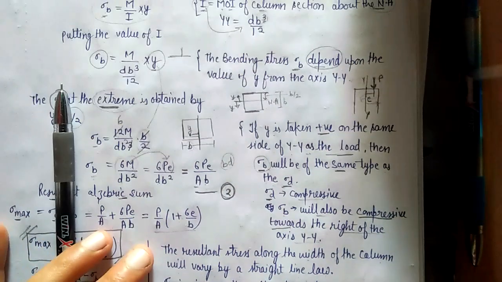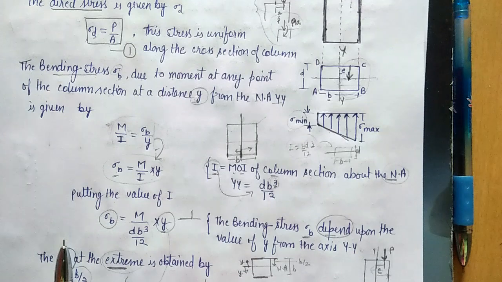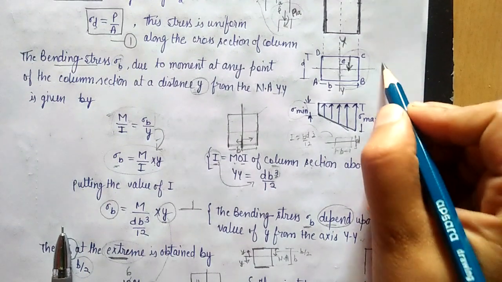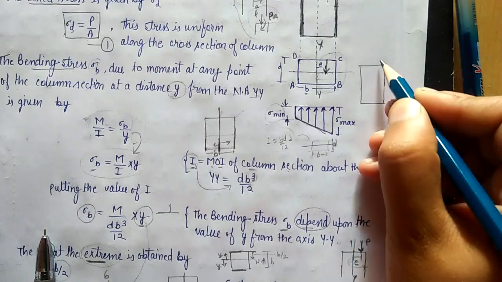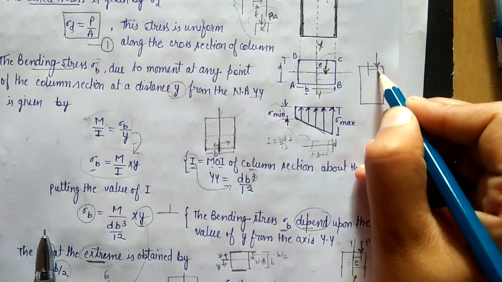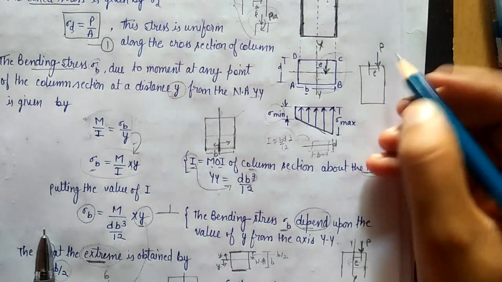So we see here, if this is our column, and we apply a load at an e distance from the axis of the column, what comes?